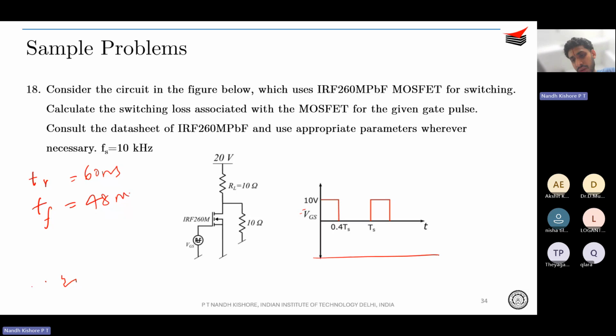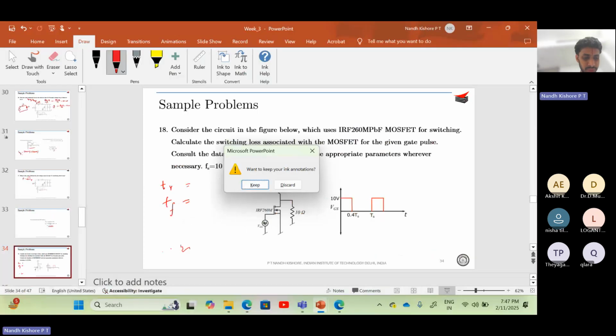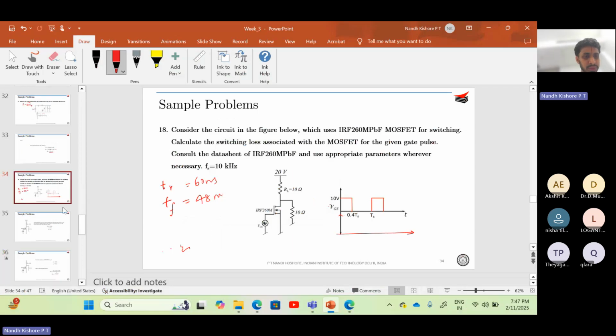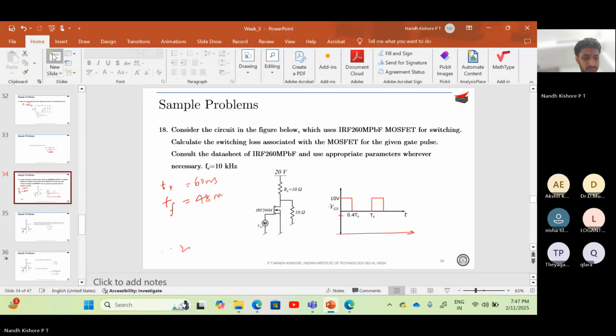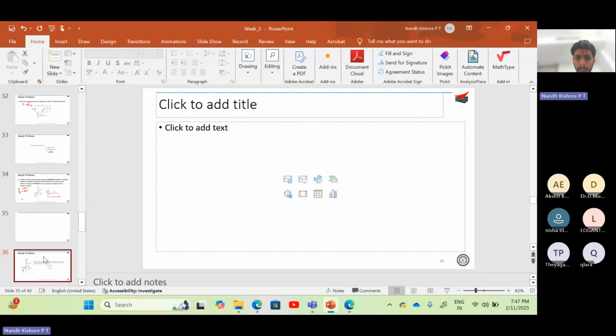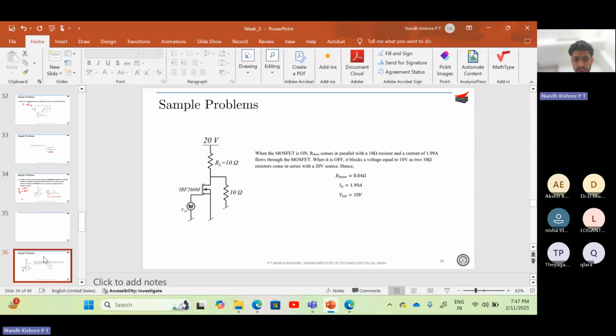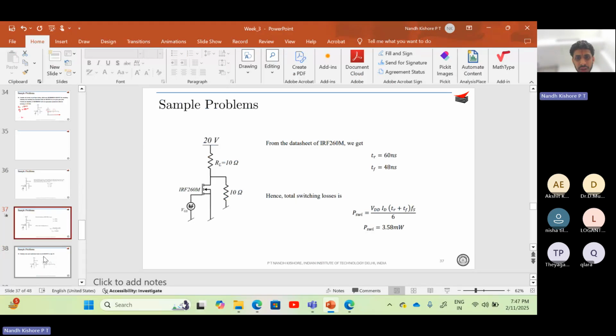So when the MOSFET is on, what is the voltage across the MOSFET? Let me take another slide over here.